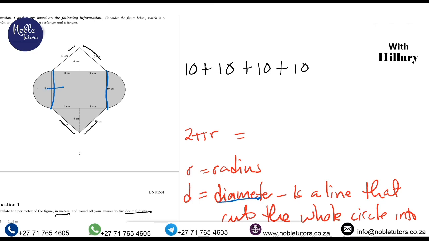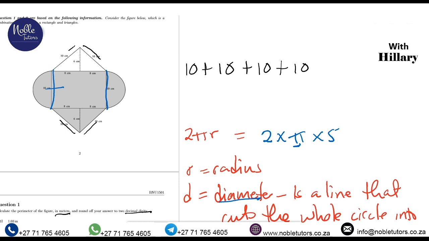So here we're going to say 2 times pi times 5, right? Now what you need to remember is the pi value is always given on the formula. You don't need to look for the actual value for pi.